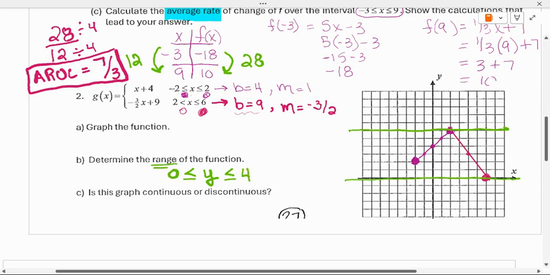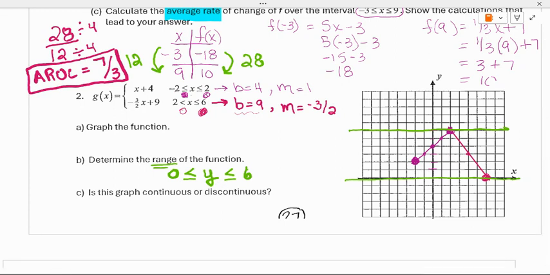So your range, the range for this function, it's actually not 0. It is 0. It's not +4. Sorry. This is +1, 2, 3, 4, 5, 6. So your range is from 0 to 6. So 0 is less than or equal to y is less than or equal to 6.